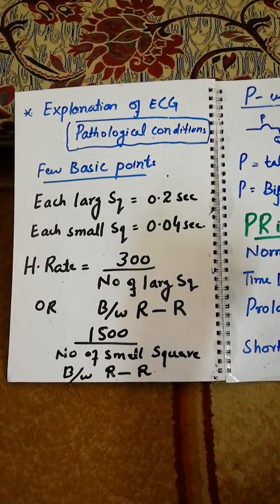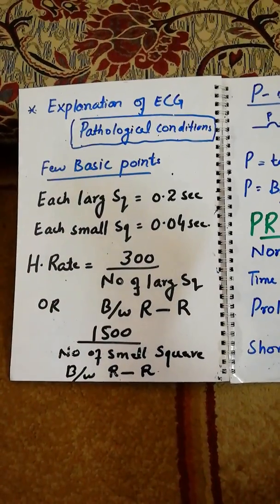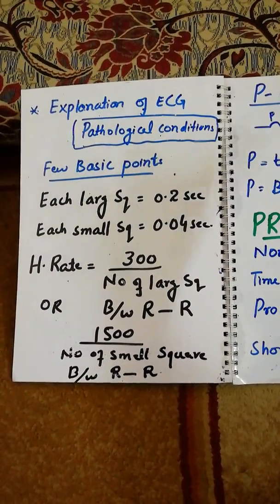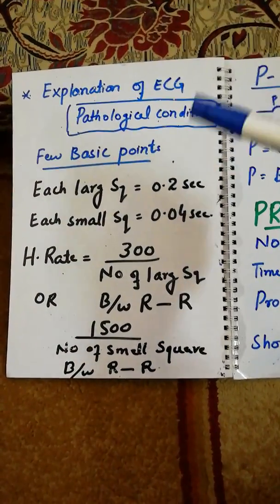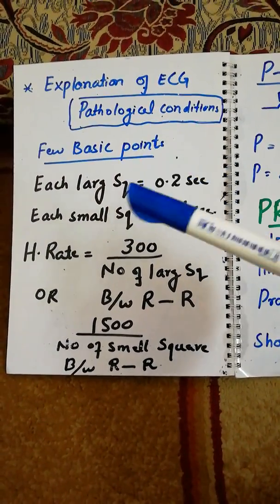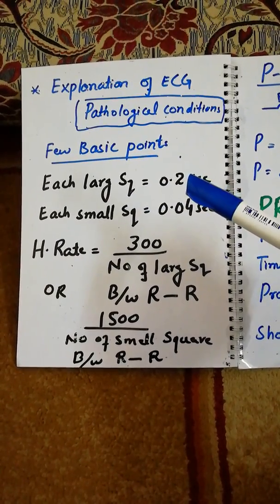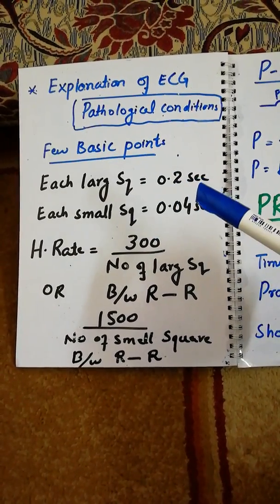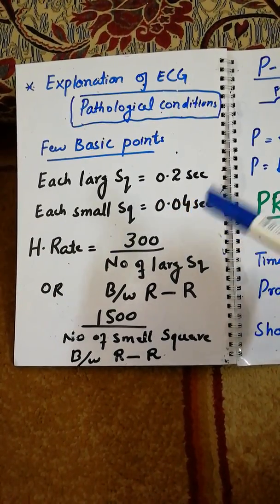But before going to proceed, I will tell you about some basic points which I have already done in my previous lecture, the basic concept of ECG. So what are these basic points? Keep in mind that each large square is equal to 0.2 seconds. Each small square is equal to 0.04 second.